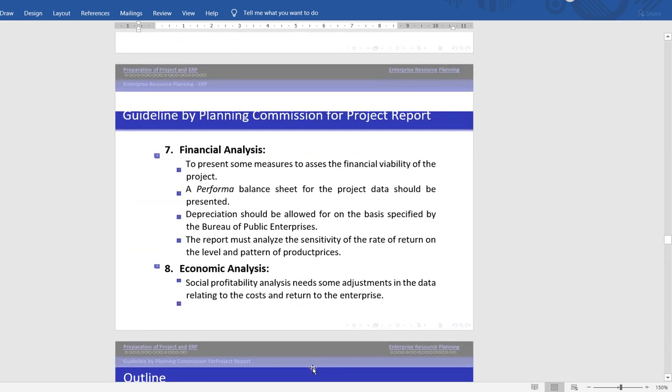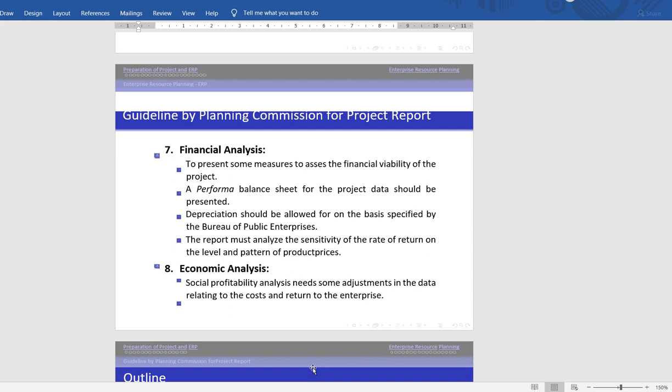The seventh point is the financial analysis. The purpose of this analysis is to present some measures to assess the financial viability of the project, to check whether the project is profitable or not.